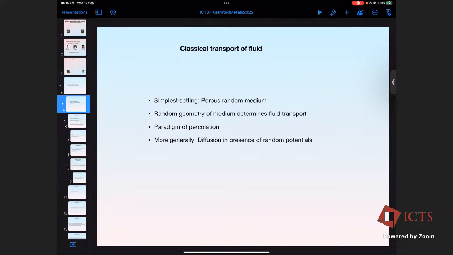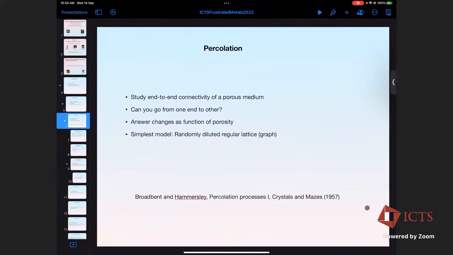But a mathematically precise paradigm was introduced about 70 years ago, which is now called percolation theory. This was, of course, the classic work of Broadbent and Hammersley, who said, if you have a porous medium, the important question to ask is, going along the pores of the medium, do you have end-to-end connectivity in the thermodynamic limit? Can you go from one end to the other?